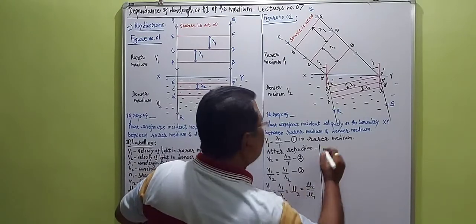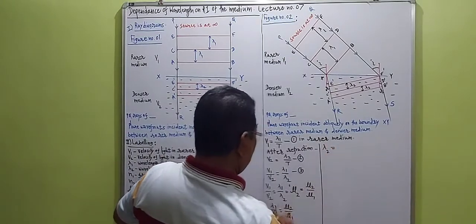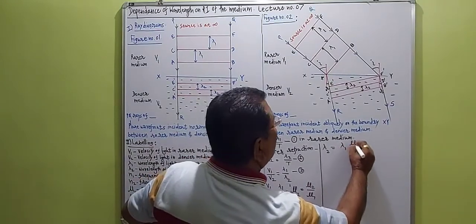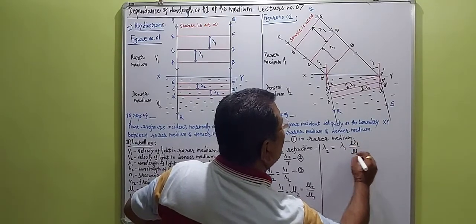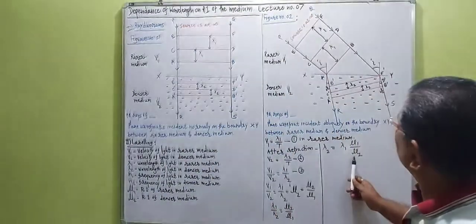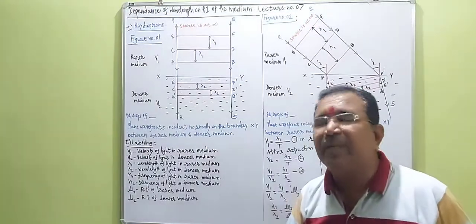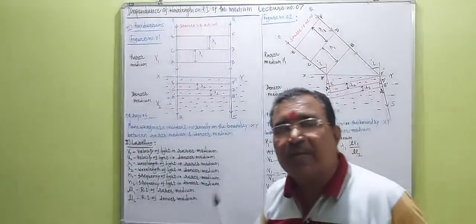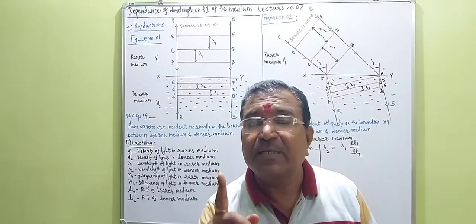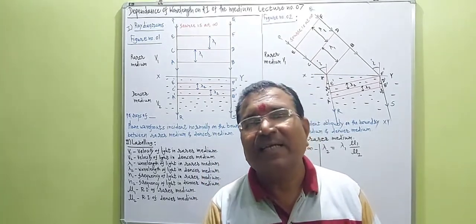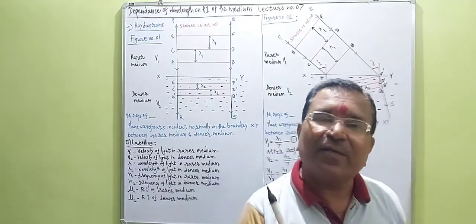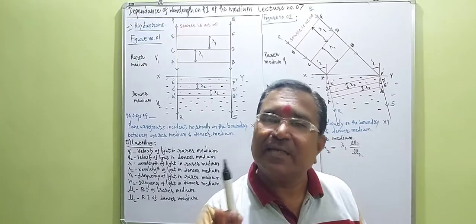From that we can write, taking lambda 2 to one side, lambda 2 is equal to lambda 1 into mu 1 upon mu 2. Let us observe this. Here mu 2 is the refractive index of the denser medium and mu 1 is the refractive index of the rarer medium. Remember well, the refractive index of the denser medium is always greater than the refractive index of the rarer medium, or greater than 1.